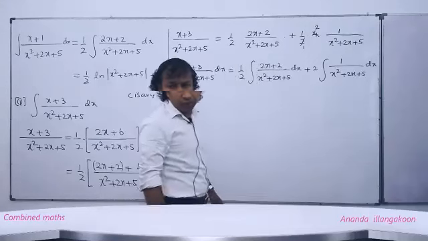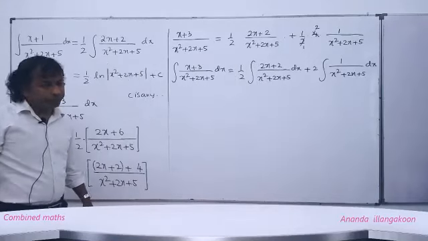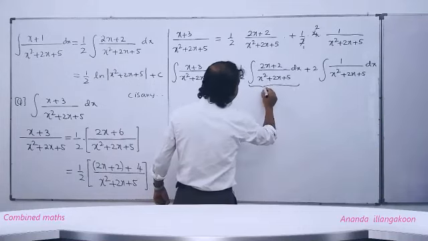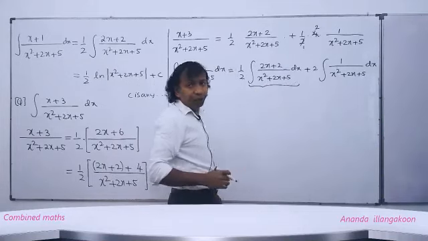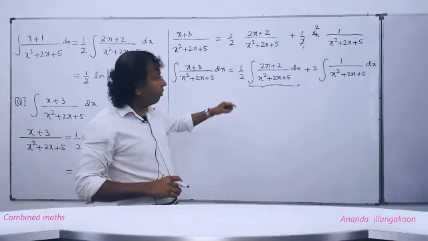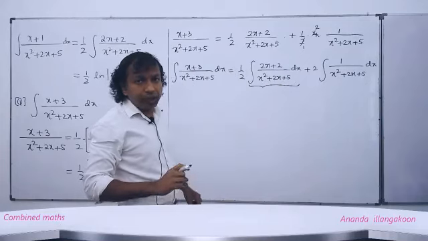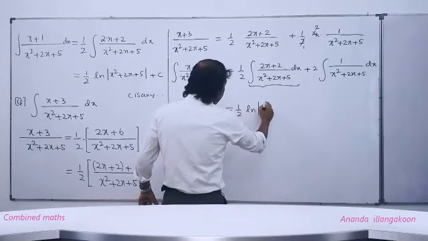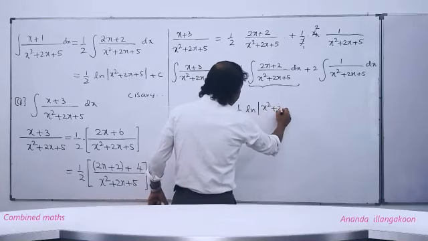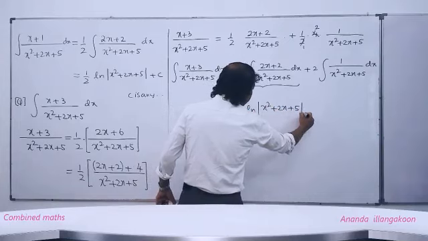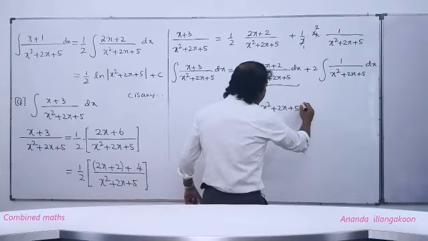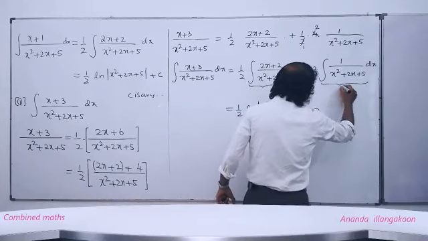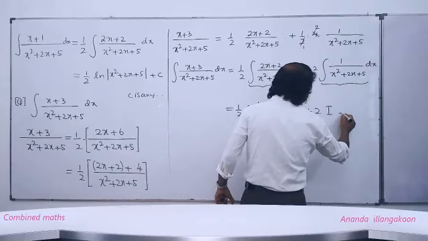Up to you, I think you can very easily understand. And people, what is the answer of this? This derivative of the denominator is available at the numerator. Then L in denominator is the answer. Half L in denominator x squared plus 2x plus 5. And plus 2 times, I am going to take this as I. And take this as equation number 1.